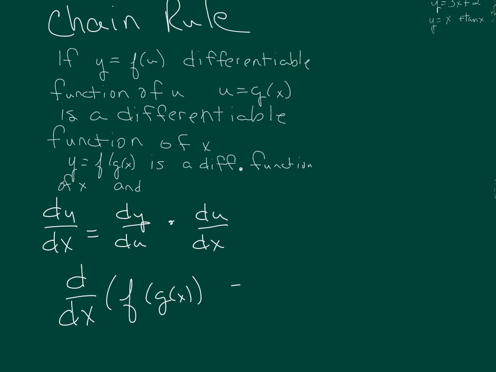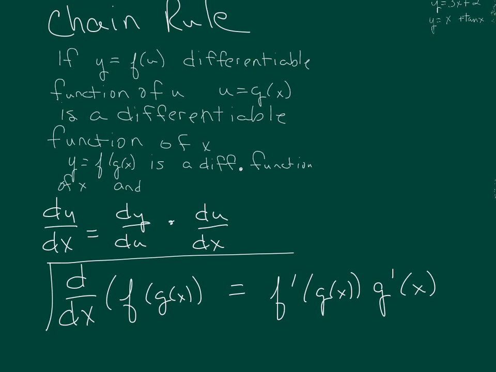This is going to be equal to the derivative of the outer function times the derivative of the inner function. This probably would make a little bit more sense than the other definition, because we're used to seeing things as f of g of x. So let's look at a couple of examples.